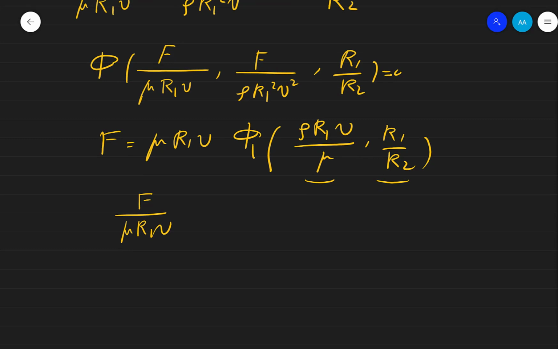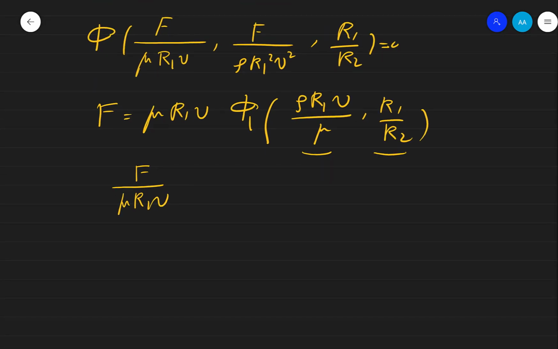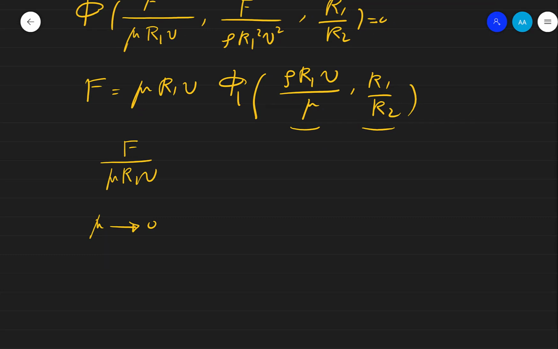For the case of inviscid fluid, turbulent flow, when mu is close to zero, Reynolds number tends to infinity, and viscosity is not a relevant parameter. So, in this equation, the dependence of phi1 on Reynolds number should be in such a manner that the viscosity is removed.